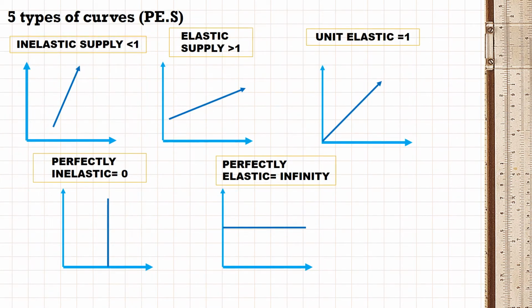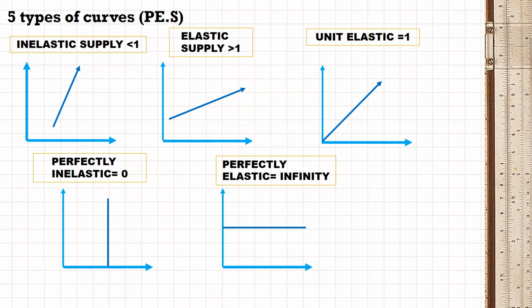Like price elasticity of demand, remember there are 5 types of curves. The same is the case for price elasticity of supply. There are 5 types of supply curves. You are aware of the first two. Inelastic supply, where the shape of the curve is steep, and the coefficient value is less than 1.